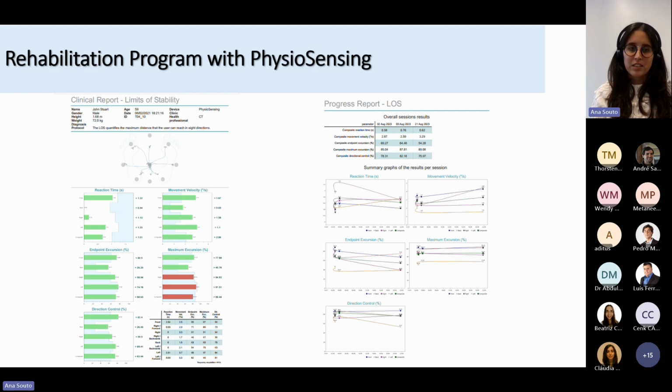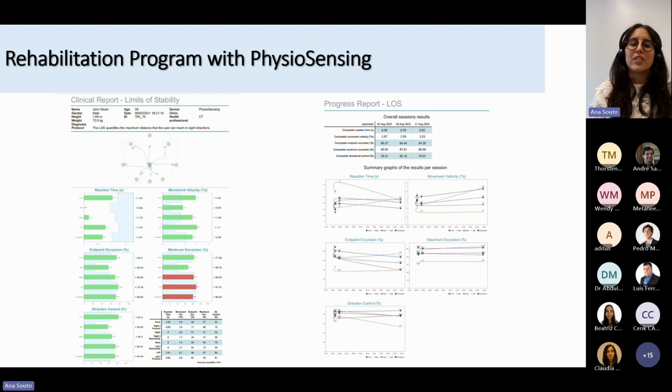Even for exercises, you also get an exercise report where all parameters chosen for that session are written, so you can compare different sessions and say, okay, I did this exercise with 20% of tolerance. Now let's decrease this to 15, for example.